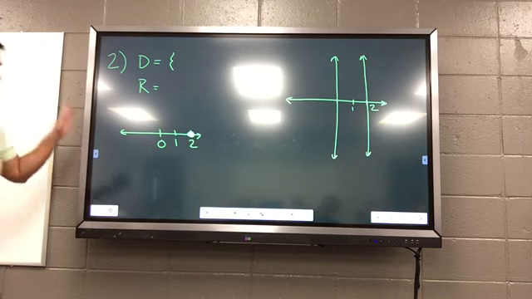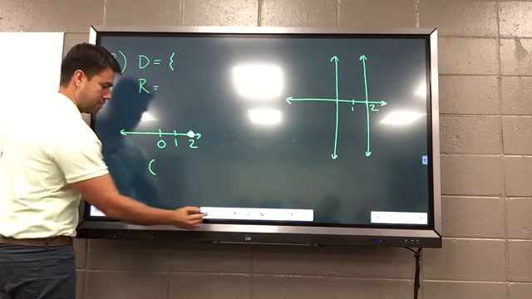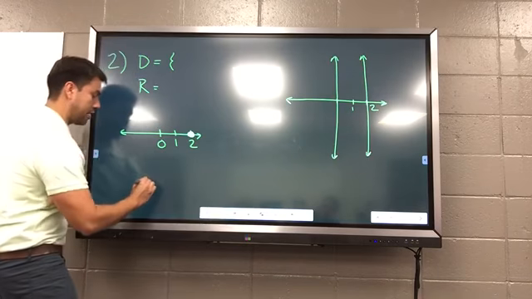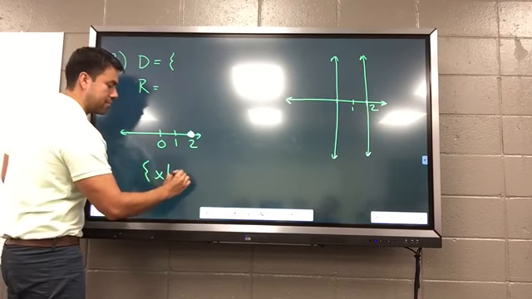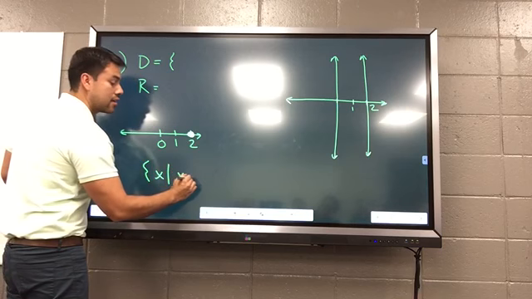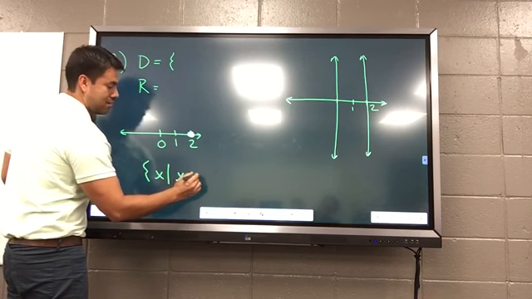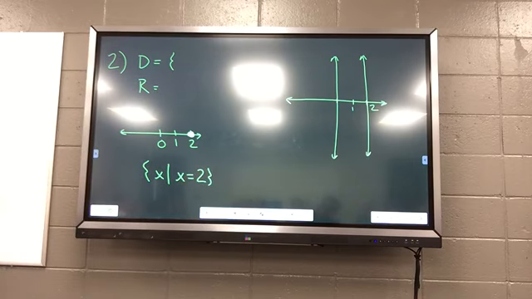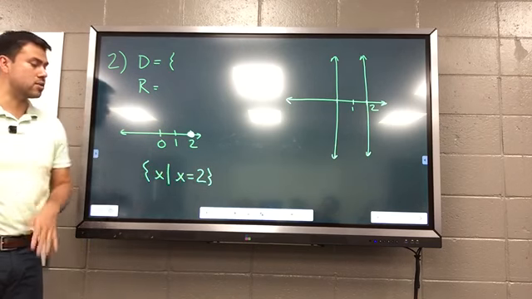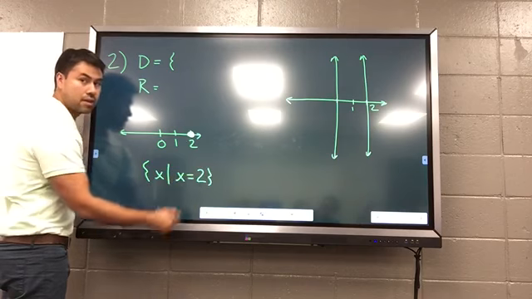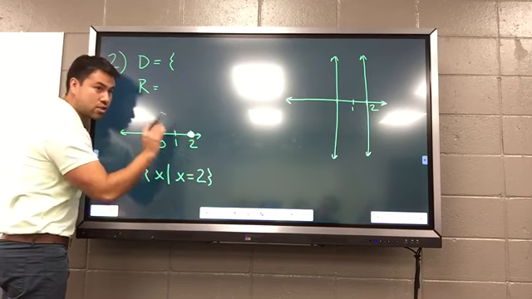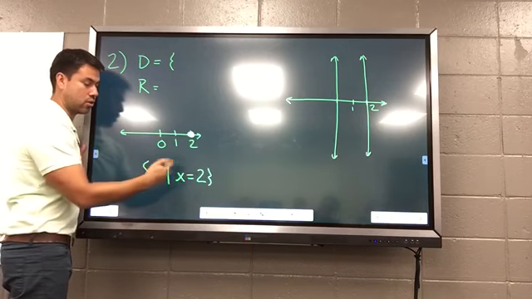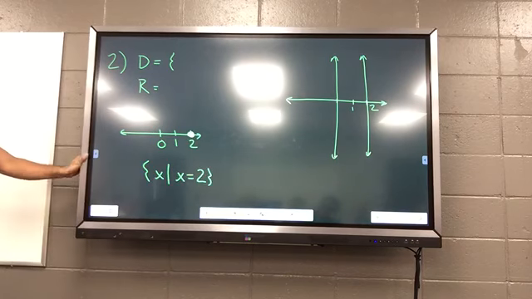It's just a point. Okay, good. X is any number such that X is 2. It's just equal to 2, right? You guys okay with that? There's no line going anyway, so it's not an inequality. It's just equal to. This is just 2. That's your set builder. Okay with that?